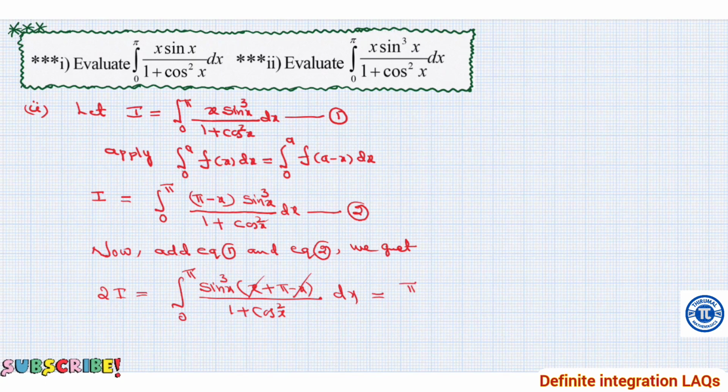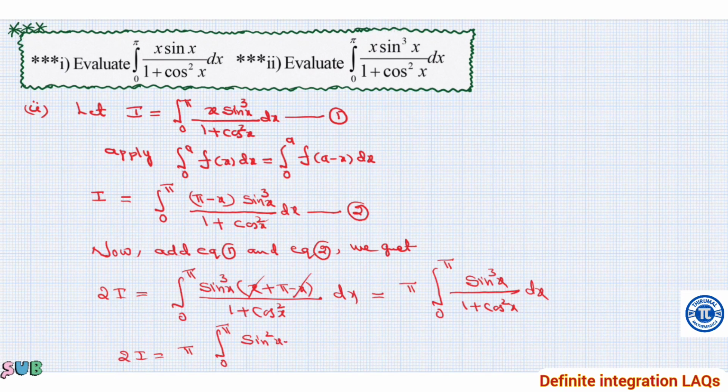Then we get pi as a constant, times integration 0 to pi sin cube x by 1 plus cos square x dx. Okay, next, 2I equals pi into integration 0 to pi sin cube x, write it as sin square x into sin x, by the denominator 1 plus cos square x dx, equal to pi into integration 0 to pi sin square x.